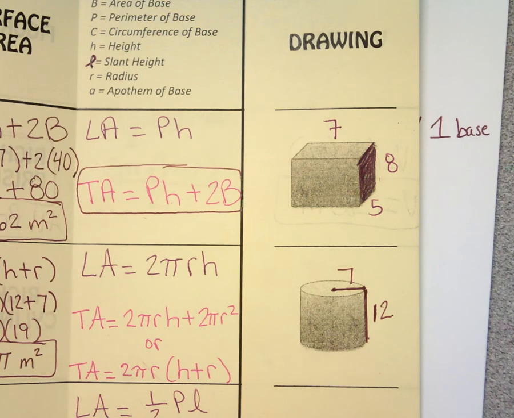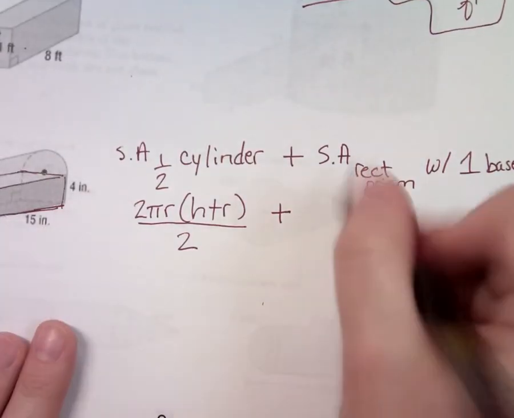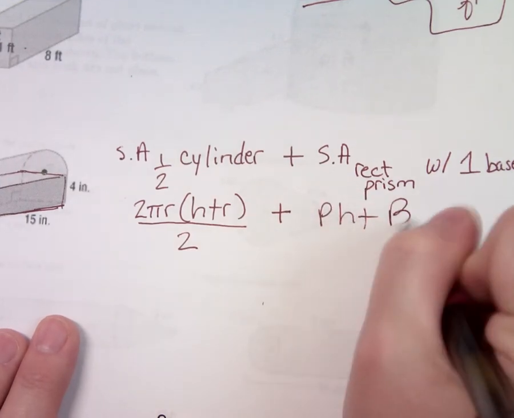Does that make sense to everybody? The 2 is there because there are 2 bases on a rectangular prism, but I'm taking this top base off because the cylinder's sitting on top of it. So I'm going to use the capital P times h, but only one capital B.